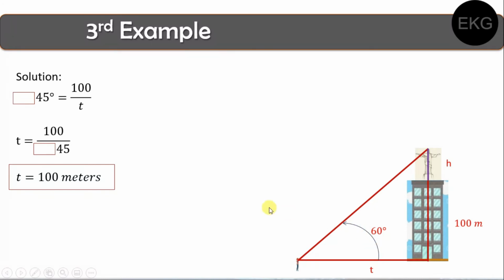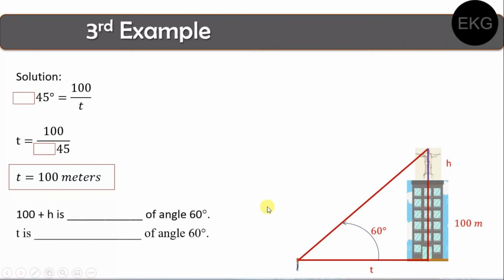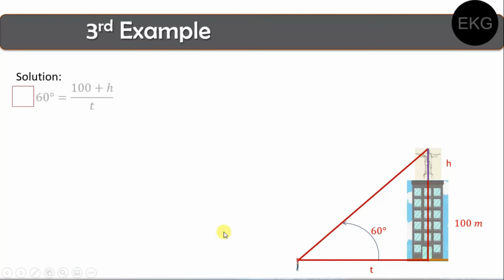Once you get that, we proceed with the solution. So answer that, and answer here as well. For the solution, what trigonometric function will we use? The numerator will be 100 plus h all over t. Then we substitute the value of t that we got earlier, 100.